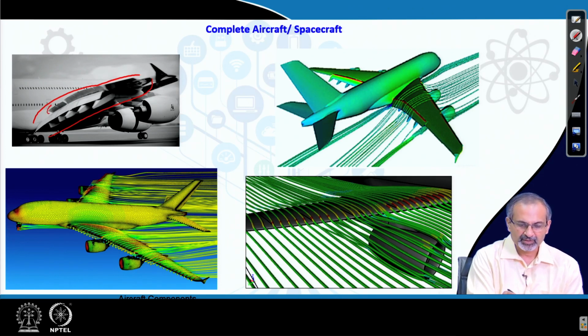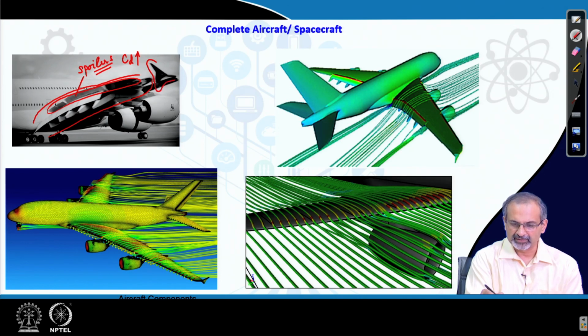Additionally, you have the spoilers deployed over here, which can help you to decelerate quickly after it just touches down by augmenting the drag. So, these are spoilers which can increase your drag after the aircraft touches down.